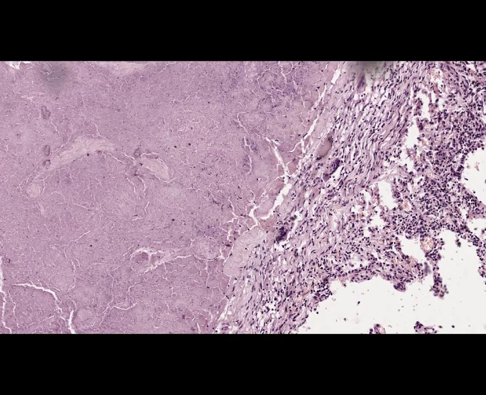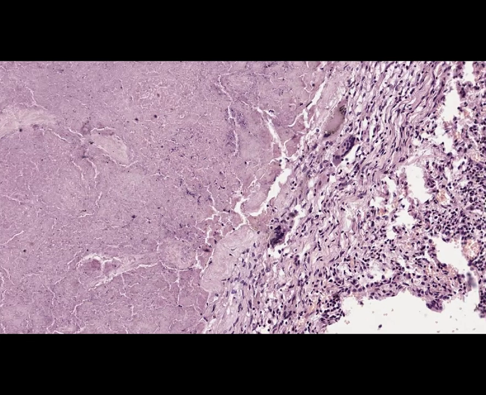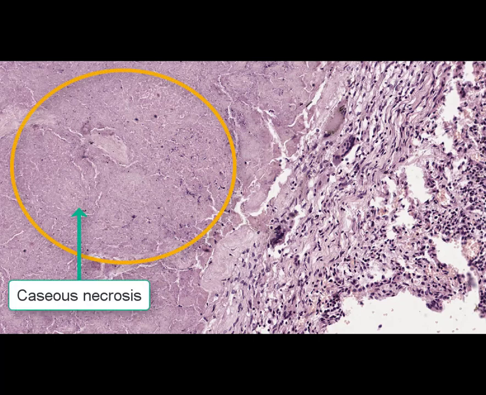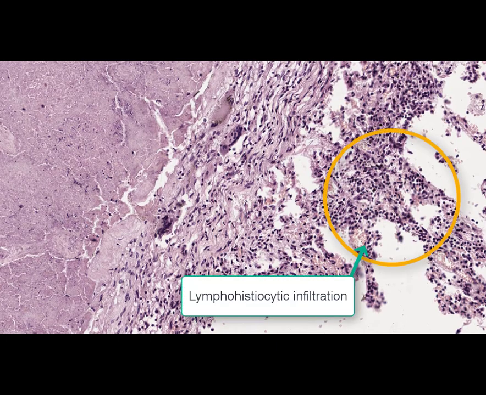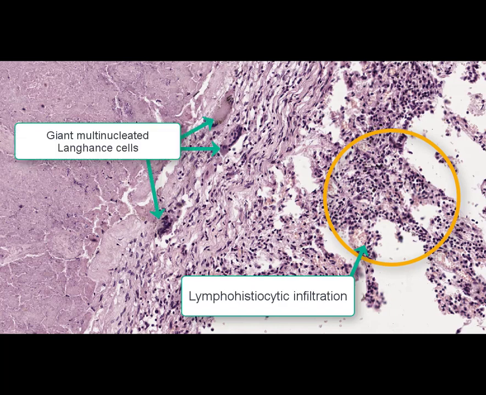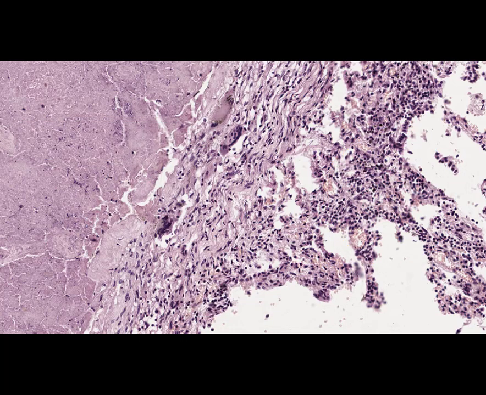It also has layers and consists of caseous necrosis in the center, as well as a layer of fibrous tissue around with a lot of lymphocytes, macrophages, epithelioid cells, as well as giant multinucleated Langhans cells. These cells may contain 10 to 15 nuclei located mostly at the periphery of the cells in a horseshoe manner.